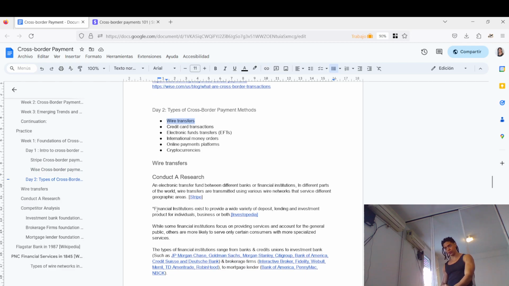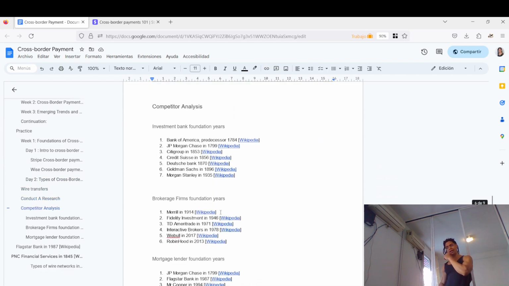Financial institutions provide a wide variety of deposit, lending, and investment products to individuals, businesses, or both. A couple of examples are banks and investment banks such as JP Morgan, Goldman Sachs, and Morgan Stanley.